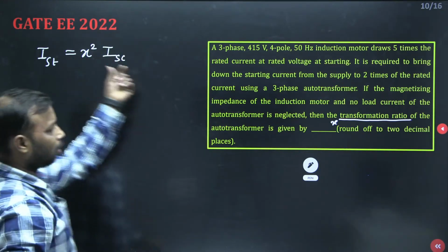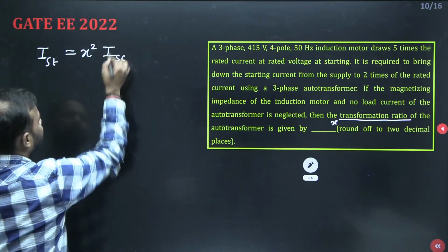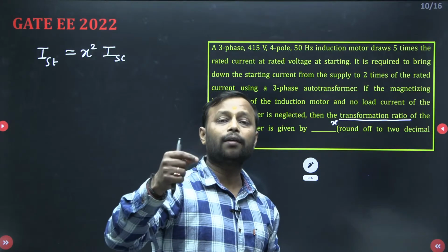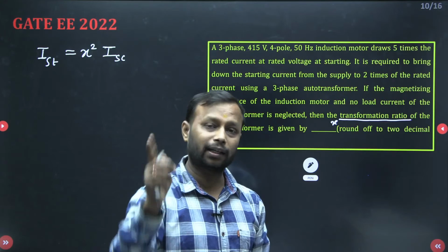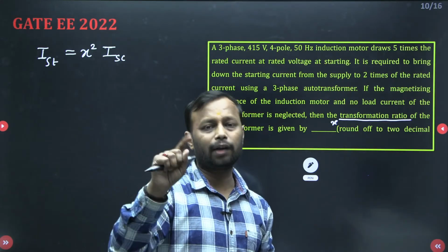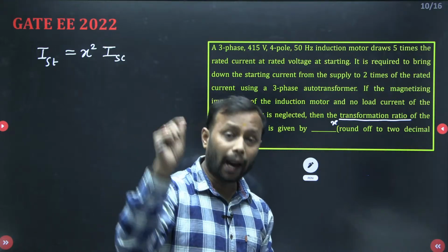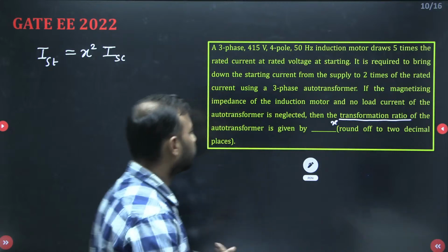What is X? The auto transformation ratio. What is ISC? ISC is the short circuit current, the current which is flowing under the rated voltage at the time of starting. The current flowing in the induction motor at the time of starting but at rated voltage is known as ISC. Got the point?